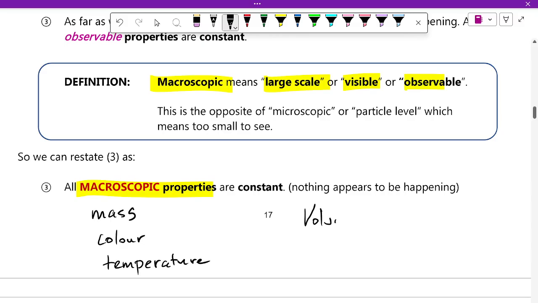Volume. pH. You cannot see it, but you can measure it. So it's a macroscopic property. Yeah, it's measurable. State. Thank you. The amount of solid? Yeah.